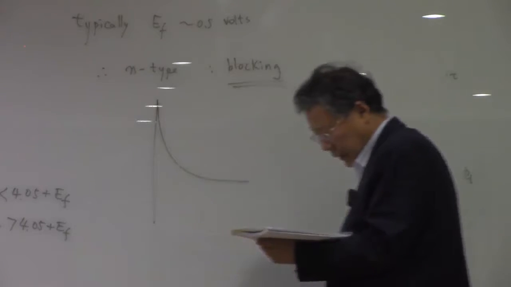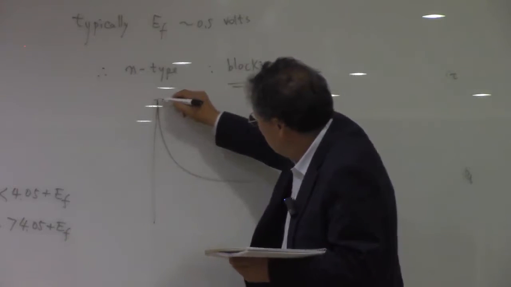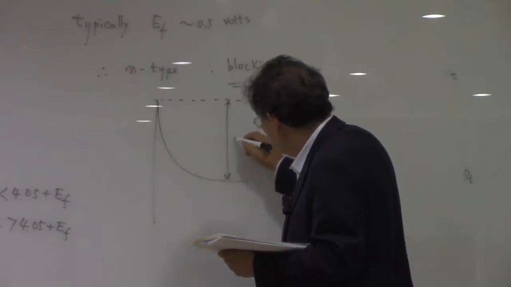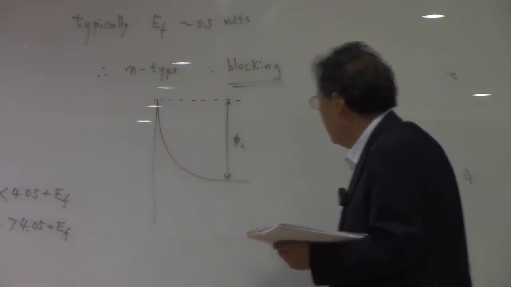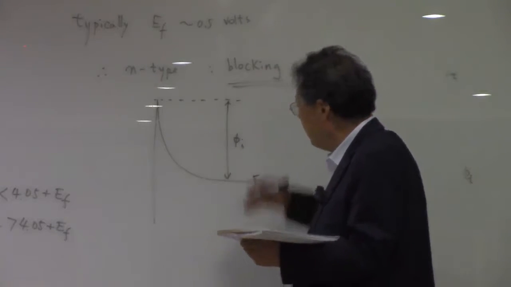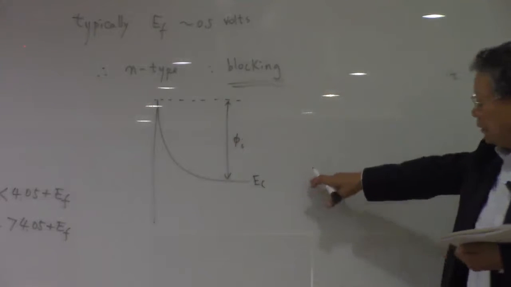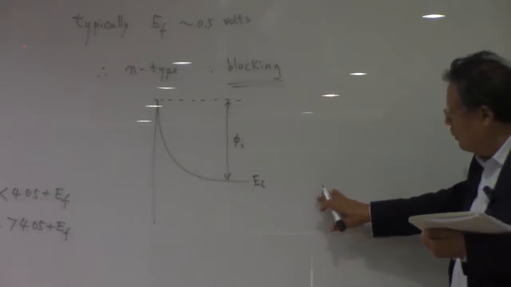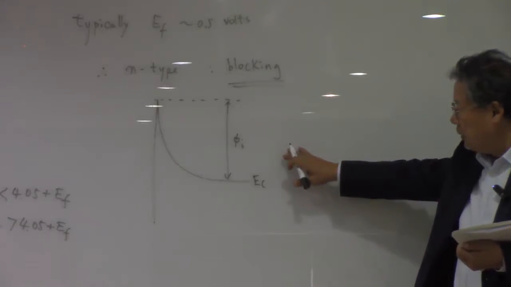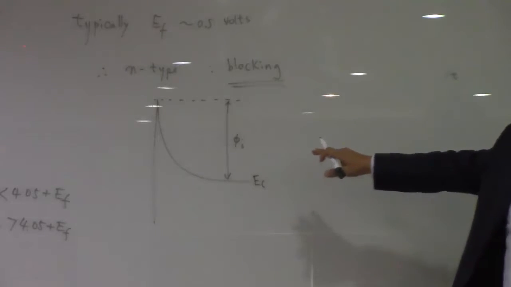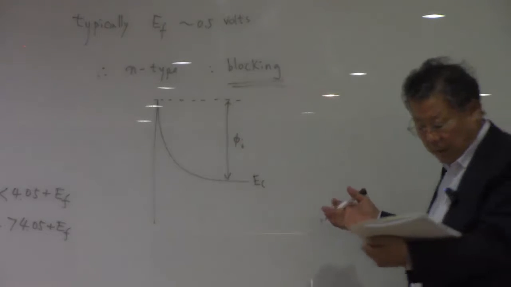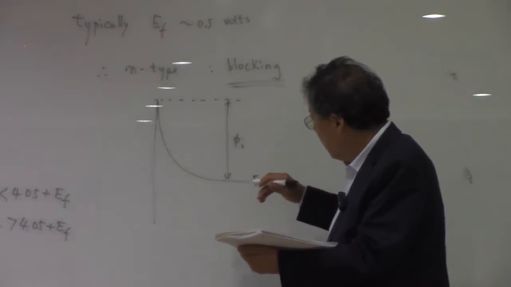it's going to look like this, and we mentioned that this is the built-in potential, okay, and this is the conduction band bending, and this band bending is related to the built-in potential, and this built-in potential is very much dependent on doping of the silicon, of course.